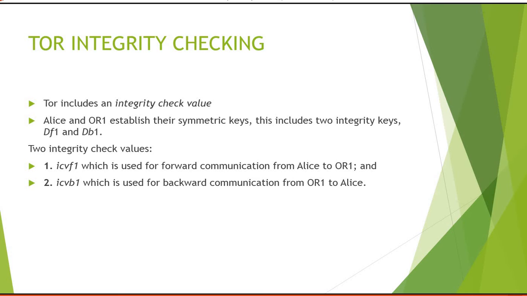When onion router 1 is transferring to Alice, in the reverse direction, it will use the integrity key DB1. And there are two integrity check values: the first one is integrity check value F1 and the other is integrity check value B1.